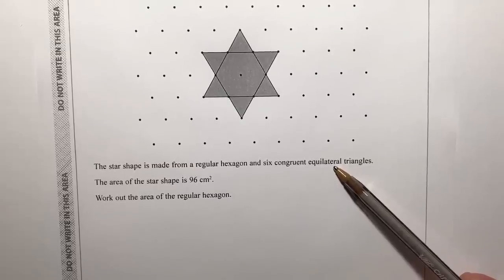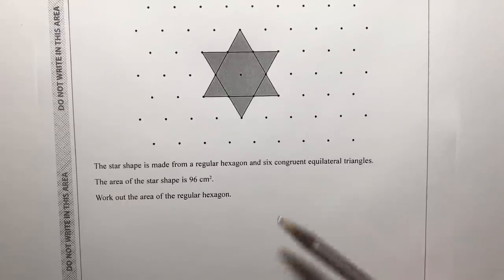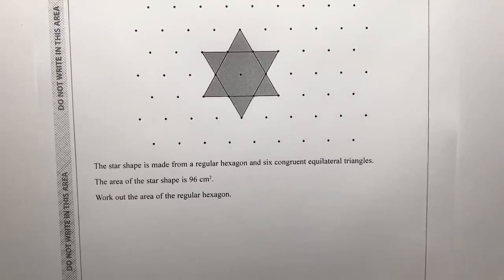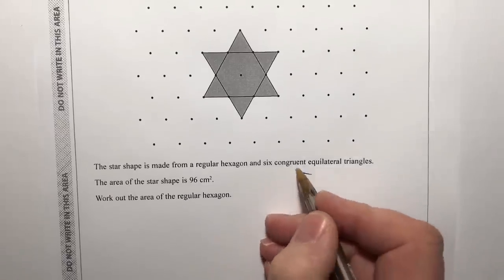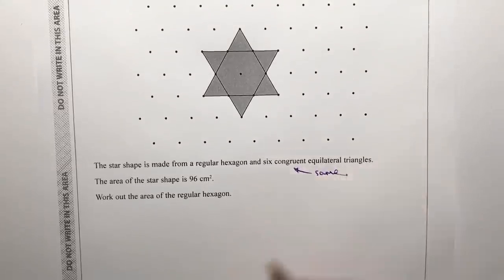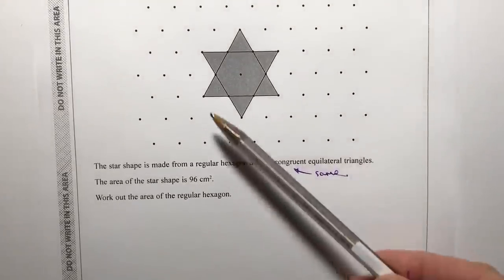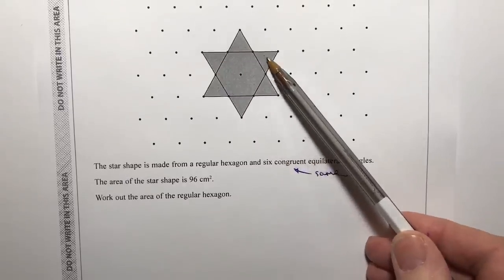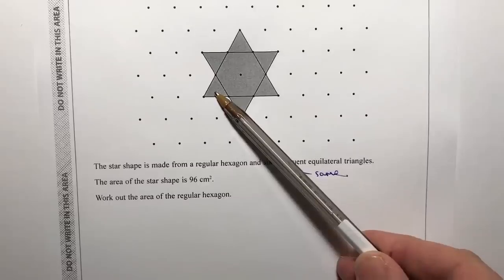Actually, each of the angles is 60 degrees and all of the sides are the same. Okay, congruent basically means it's one of those maths words, and it just means that they're the same. Okay, so each of these 6 equilateral triangles are all the same. Okay, and if you look at it here, that's the triangles, the 6 triangles that they're referring to.